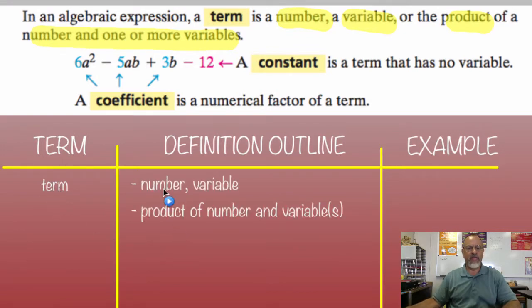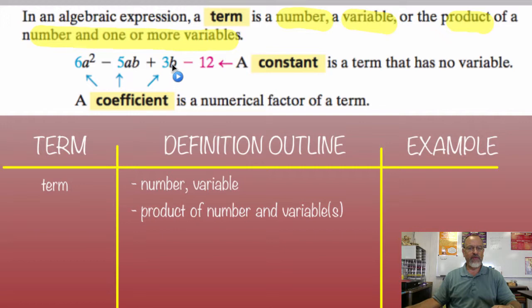So a term is either a number all by itself, a variable all by itself, or a product of numbers and variables, like this term here, 5ab. That's a number times a times b, so it's a number times more than one variable. 3b is a number times a single variable.